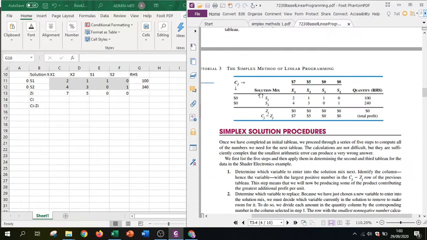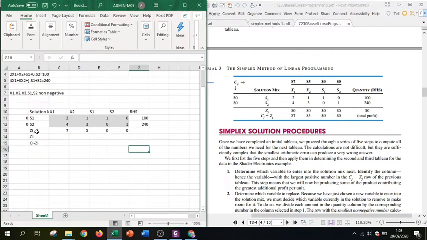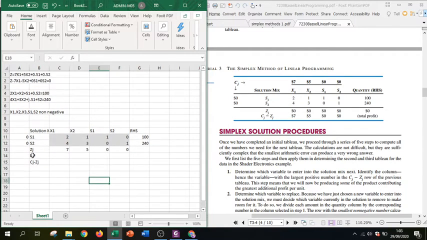We can find Zj from 0 multiplied by 2, and 0 times 4.